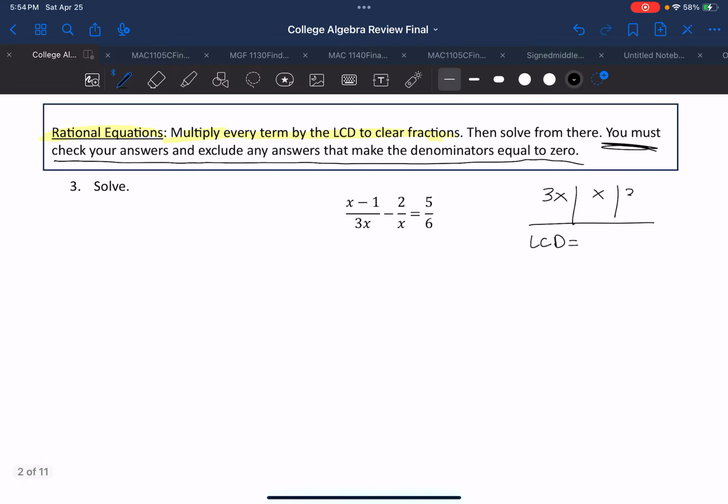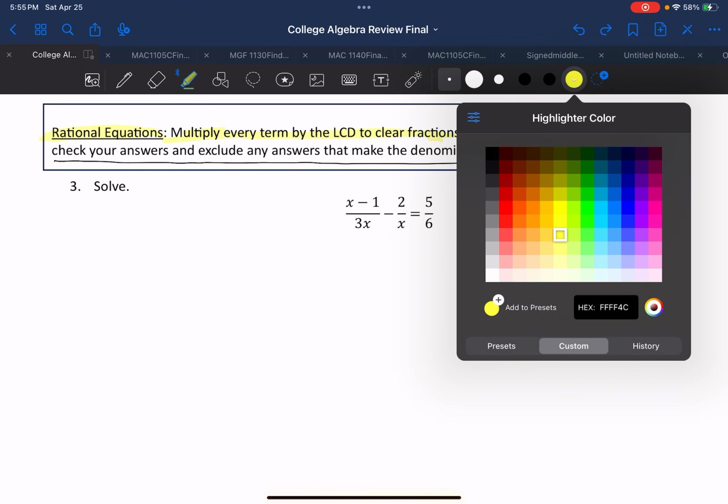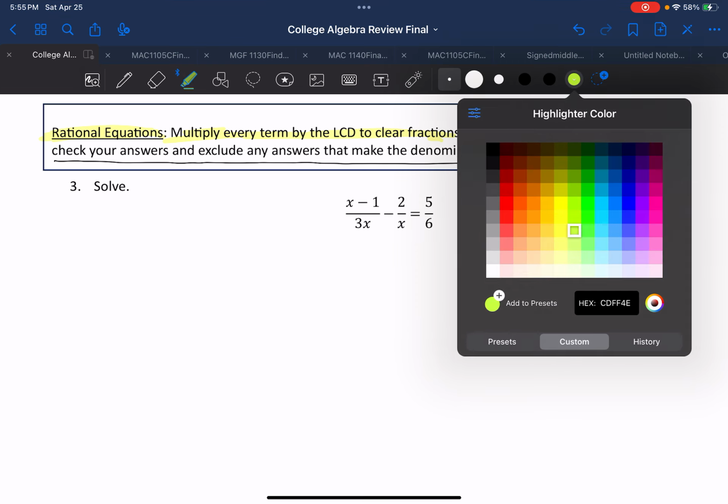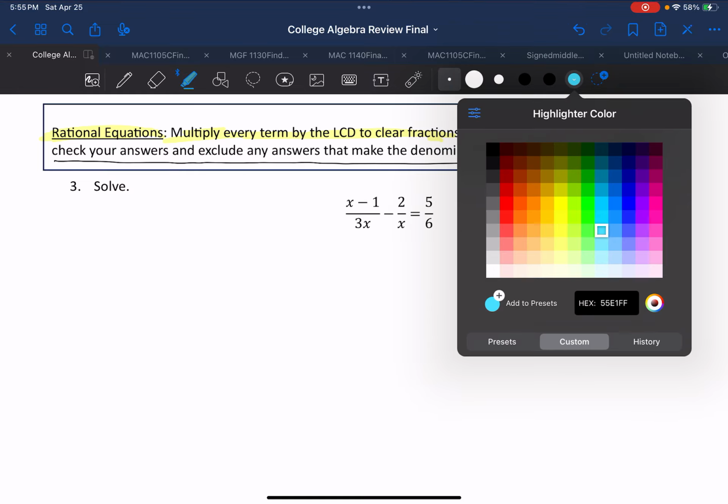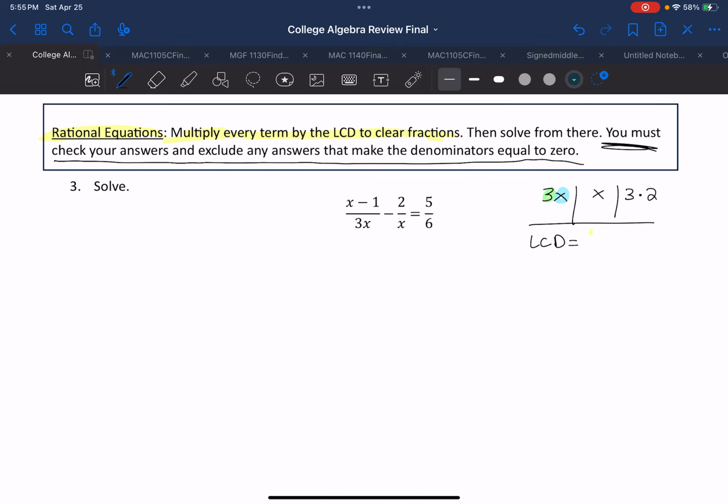I'm writing it like that because it shares a factor with this denominator already, 3. And then you look at the first denominator, you include everything in the first denominator, which is a factor of 3 and a factor of x. So I'm going to include both of those in my least common denominator from the first denominator.